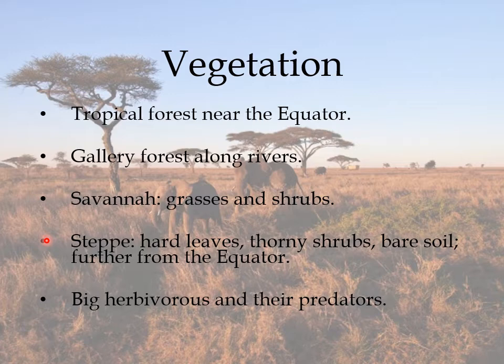This is similar to the one in the Mediterranean climate because it's adapted to hot and dry climates, or sometimes just the bare soil, the ground with no vegetation on it, which is found further from the equator, normally in the limits with a real desert. And we can find here the big herbivorous animals and their predators.